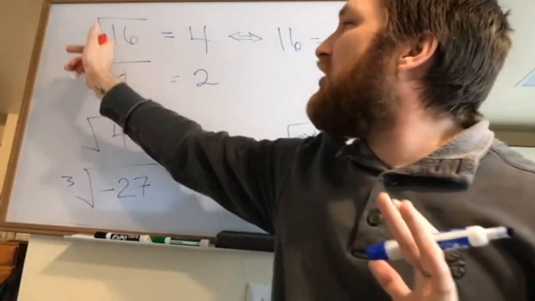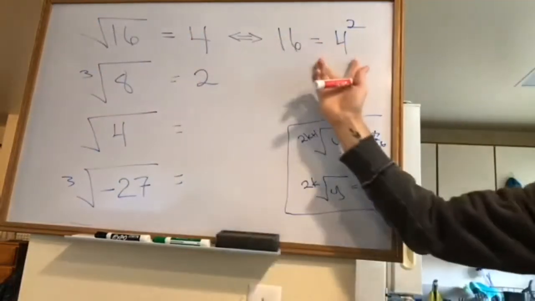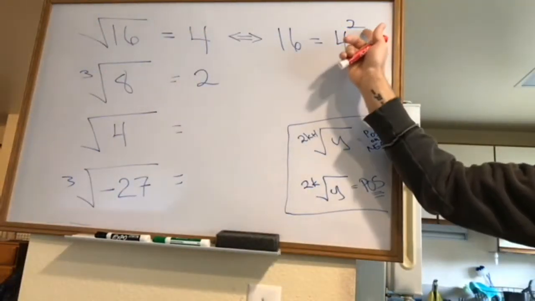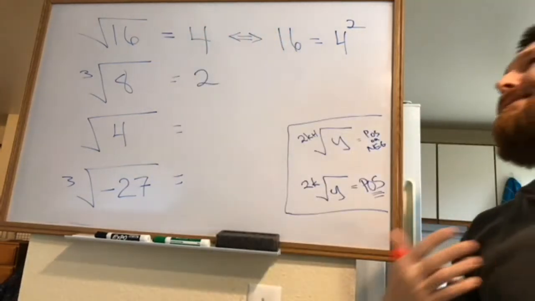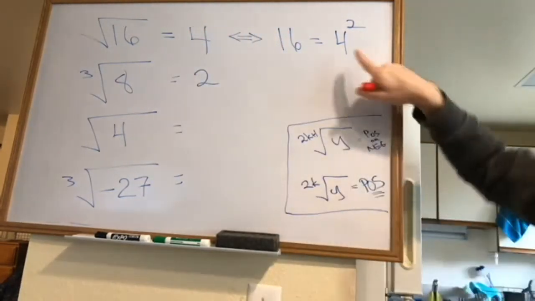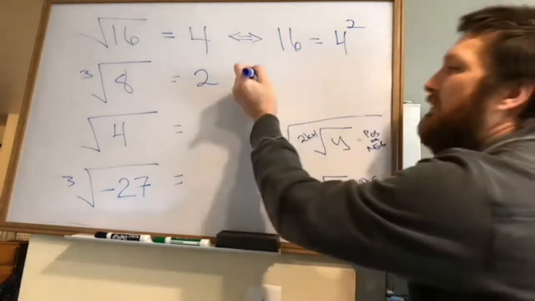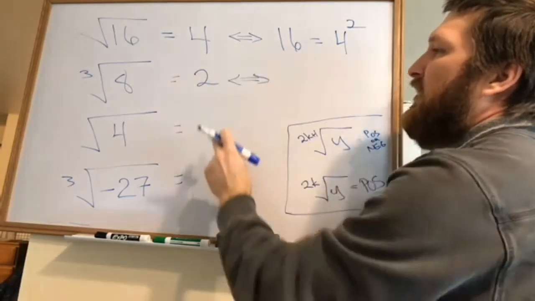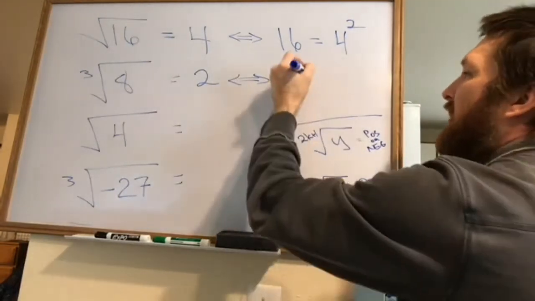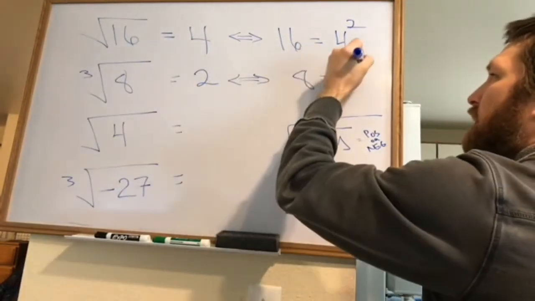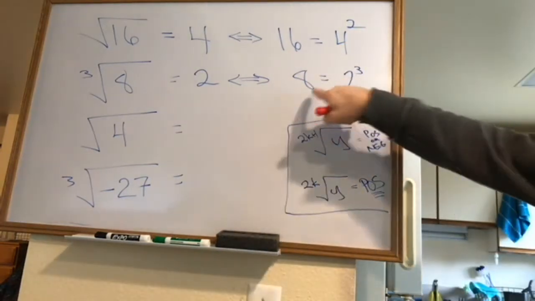What number must that have been? It must have been 4, because 4 squared is 16. Same thing here: you took some number and cubed it and got an 8. That number must have been 2, because 2 cubed is equal to 8.